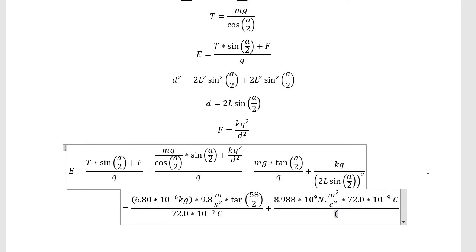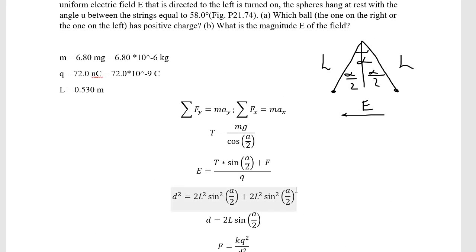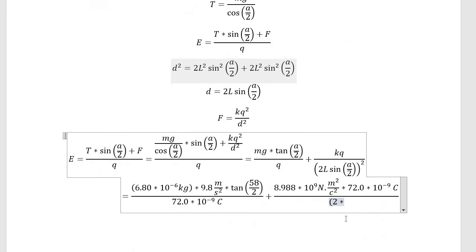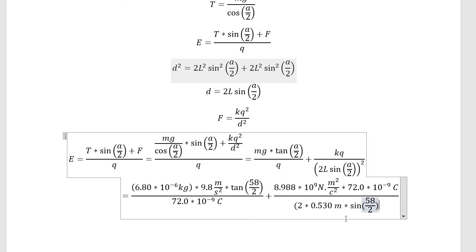And that will be over 2L, L is 0.530 meters multiplied by sine of alpha, 58 degrees over 2, and squared.